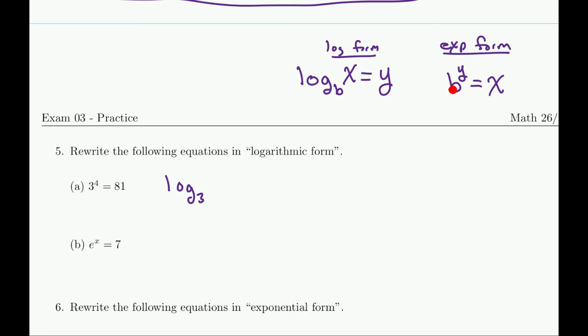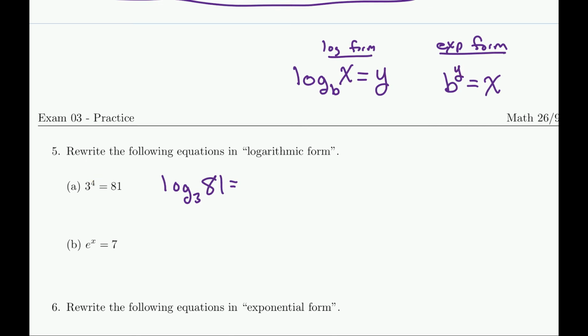Then the number that goes here is the one that's on the opposite side in exponential form. That's the 81. So log base 3 of 81 equals the y. The y was the exponent in exponential form, which was 4. So you're just mixing up where the numbers are, right? So 3 to the 4 equals 81. 3, 4, 81. Kind of think about it going like this.